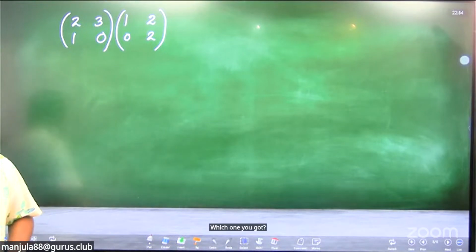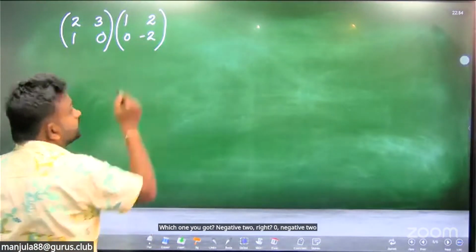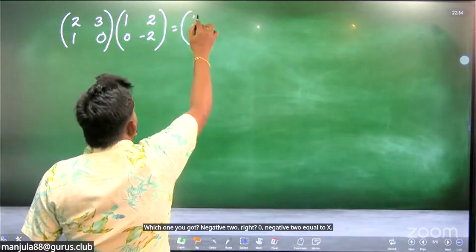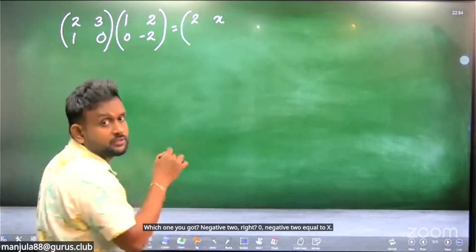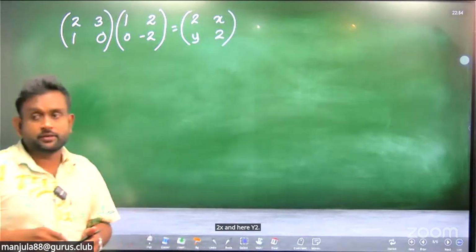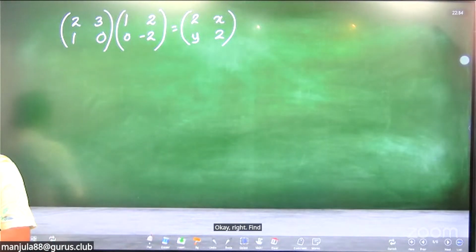Negative 2, right? 0, negative 2 equal to x, 2x and here y, 2. Find the value of x and y.